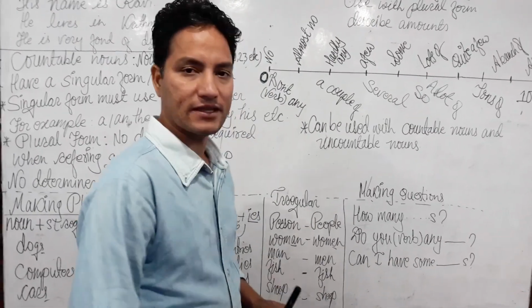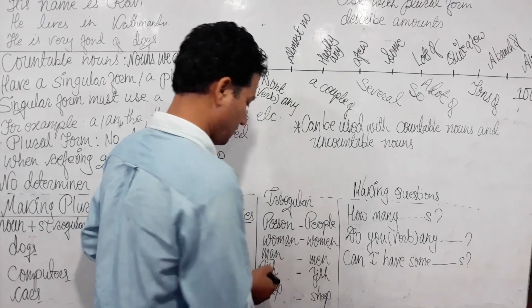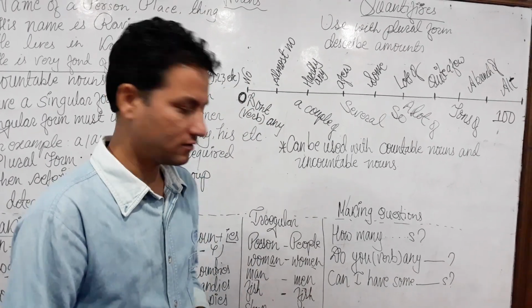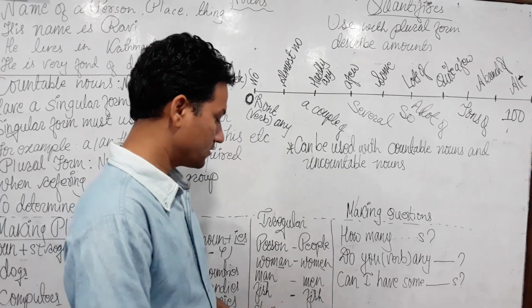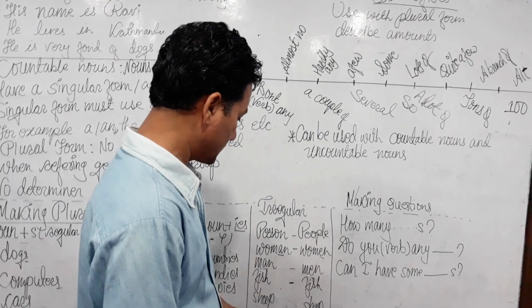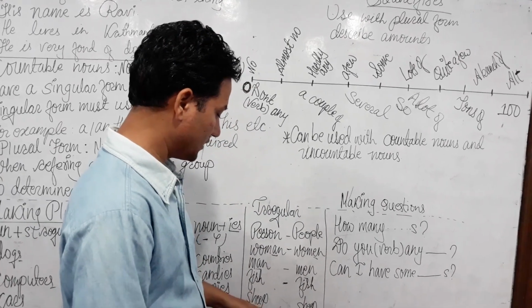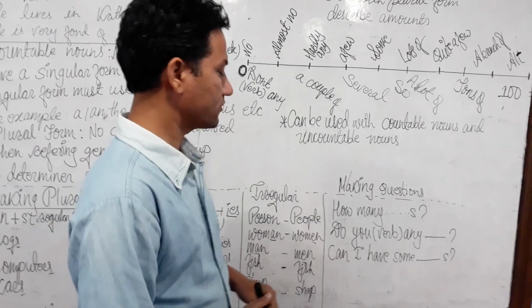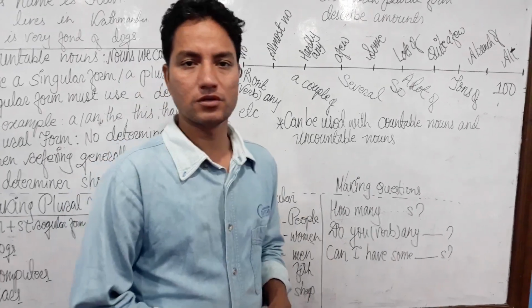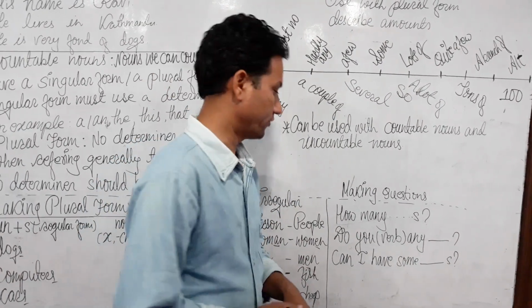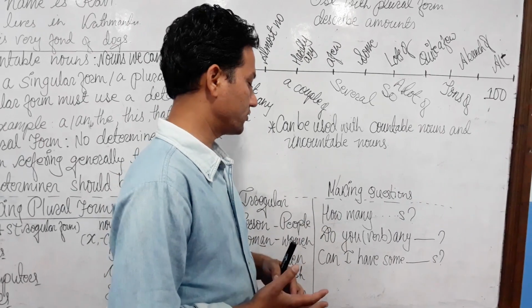Similarly, man, where the vowel a changes into an e sound, so men for the plural. Fish, fish, and sheep, sheep. Alright, this is how we can change singular countable nouns into plural for irregular nouns.